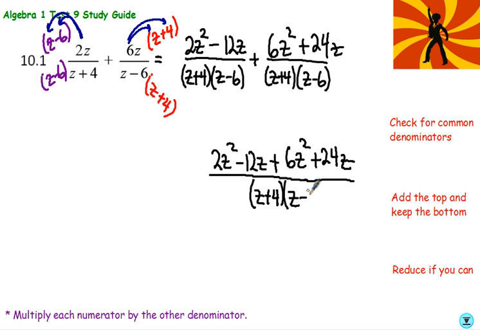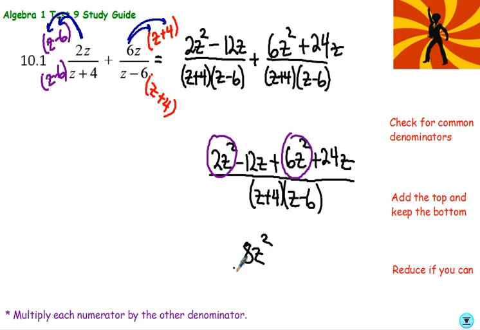And then what I'm looking to do is combine like terms. So I notice that I can combine 2z squared with 6z squared to make 8z squared.